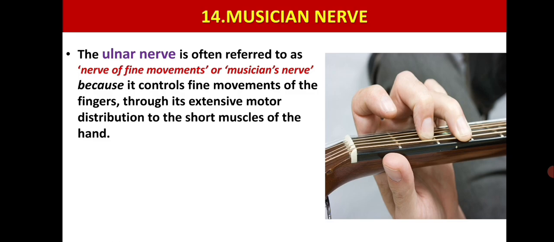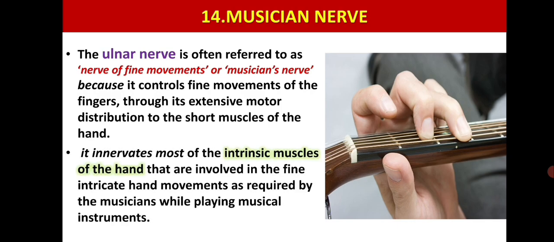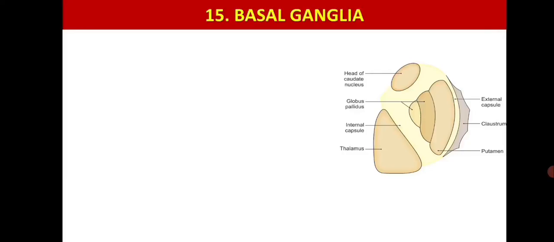Its motor distribution supplies all the intrinsic muscles of the hand region, and these intrinsic muscles of the hand are involved in the fine, intricate hand movements required by musicians while playing musical instruments. That's why the ulnar nerve is called the musician nerve. So for the 2 mark question, these points are enough to write the answer.